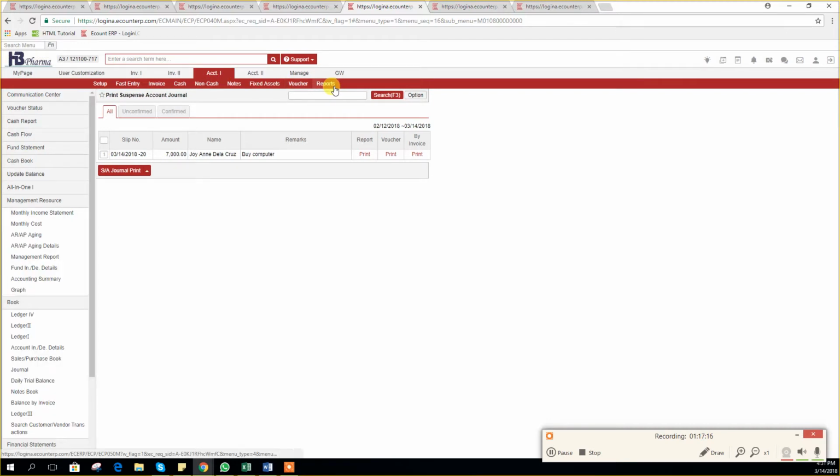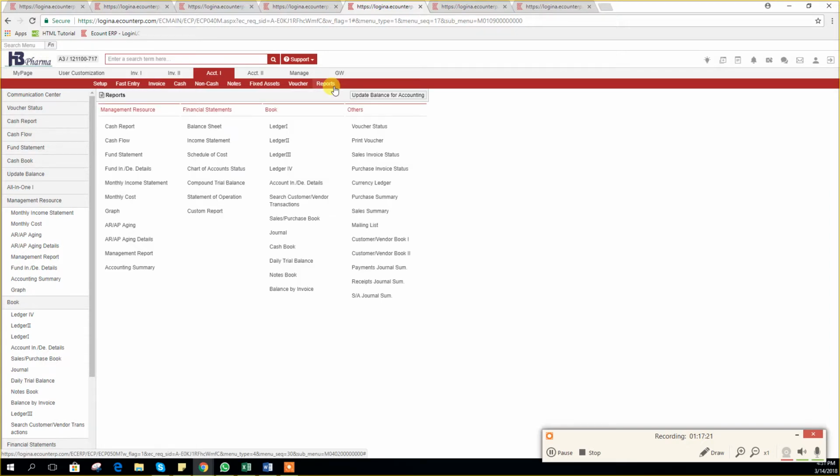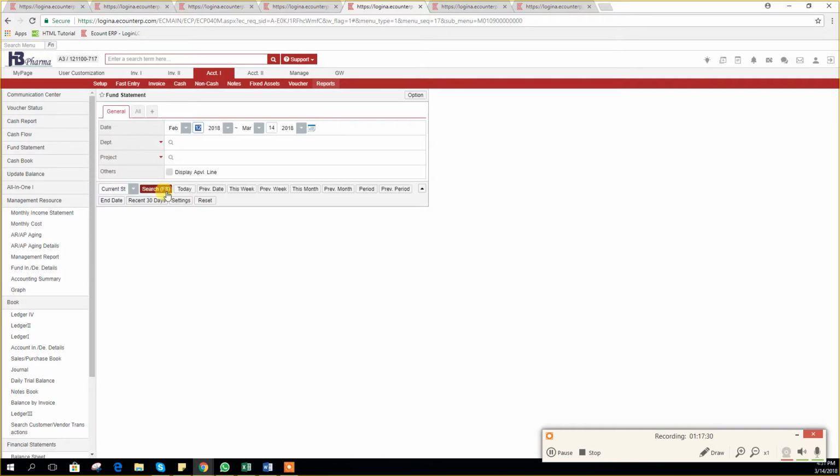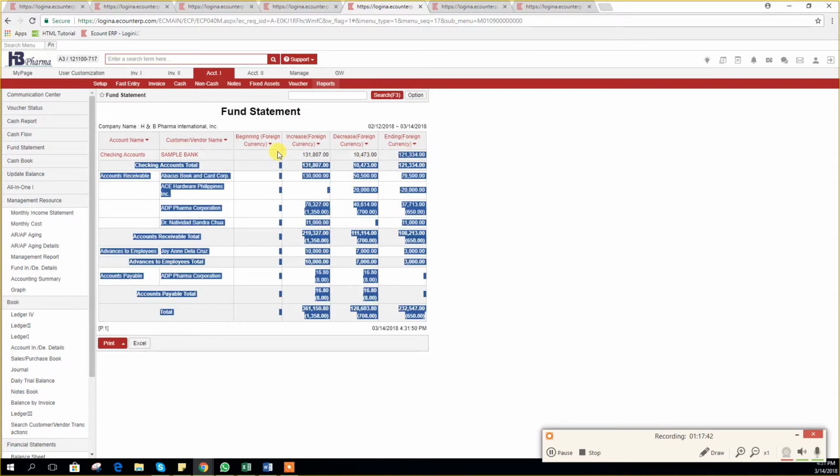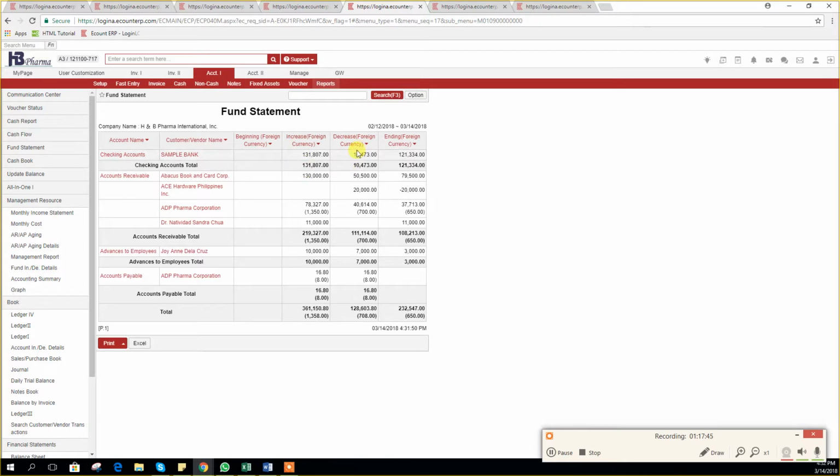So where do you go and see this 3,000? It will show in the fund statement. If you search here, you have your sample bank. This is your beginning balance, your increase and decrease in bank, and then your ending. This is going to be your accounts receivable.